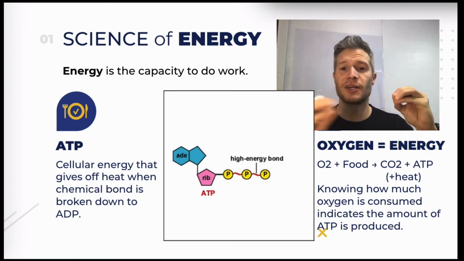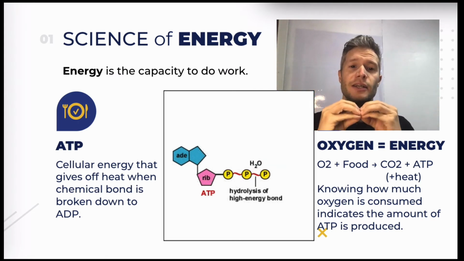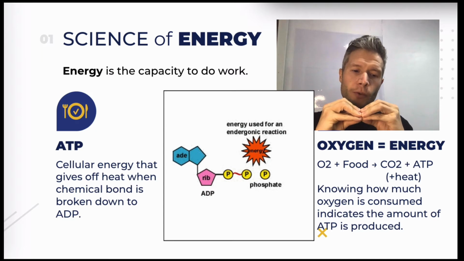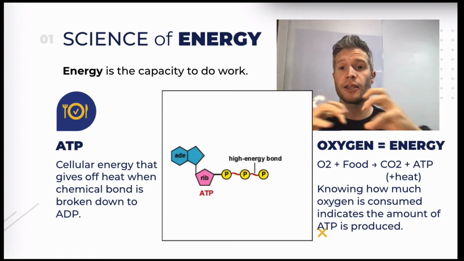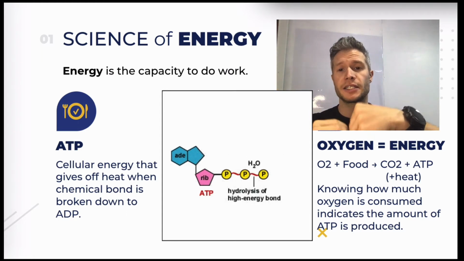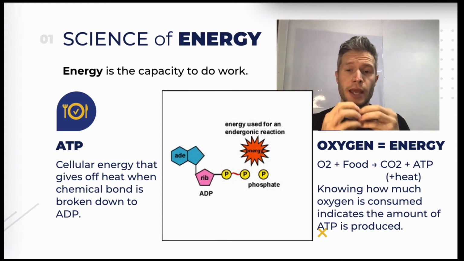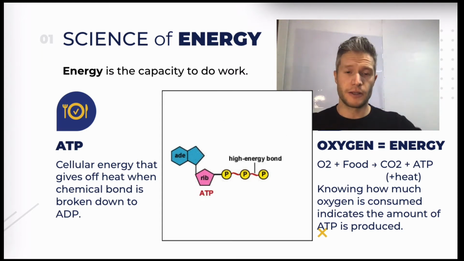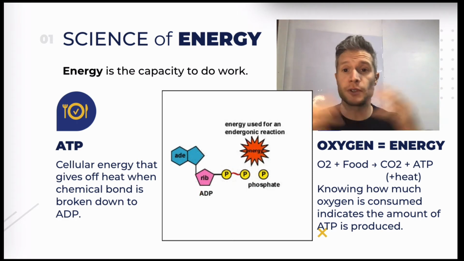So adenosine diphosphate becomes adenosine triphosphate, so 3 phosphates. And when that third phosphate gets pulled away through its chemical bonds, it essentially frees up energy. That free energy, it's stored chemical energy that becomes usable energy when that chemical bond gets broken. So you free some energy to do work.